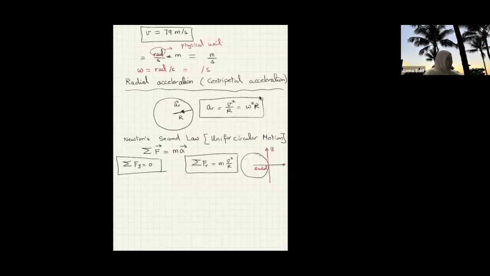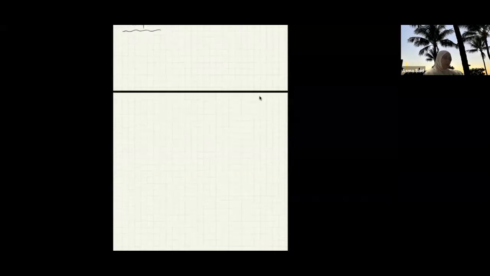I will talk about 3 examples here. I want you to pay attention. We're going to derive the equations for these. They might look the same, but there are slight differences.